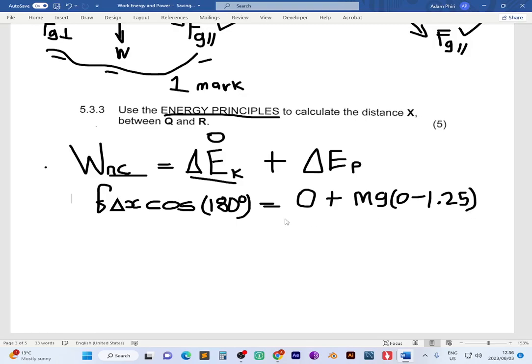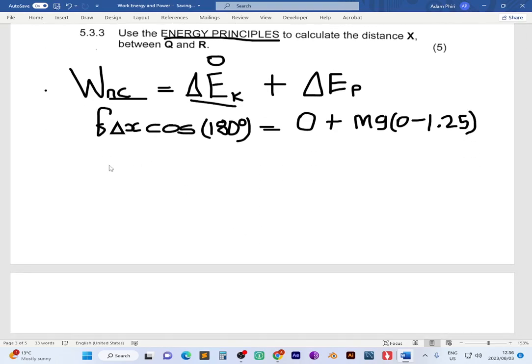Okay, so from there now we have to find the value of x, so we need to find the change in x. We have friction there, given in your data as 50 newtons, and then change in x, that's what we want, and that's going to give us -1 equals, and then you have mass there.